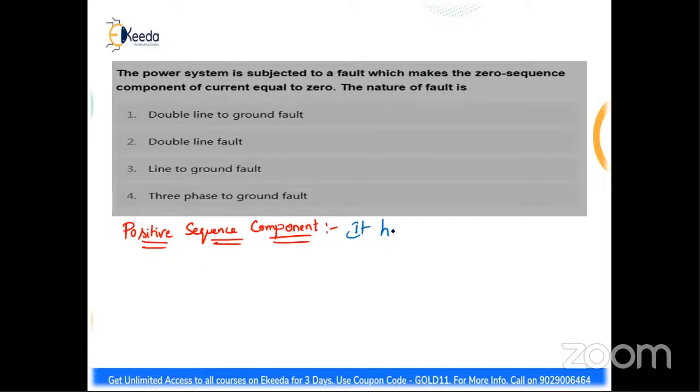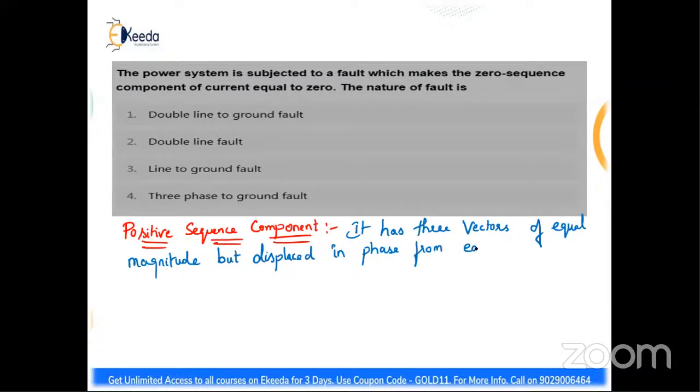It has three vectors of equal magnitude, for example VA1, VB1, VC1, but displaced in phase from each other by what angle? The positive sequence component has three vectors of equal magnitude but displaced in phase from each other by 120 degree.